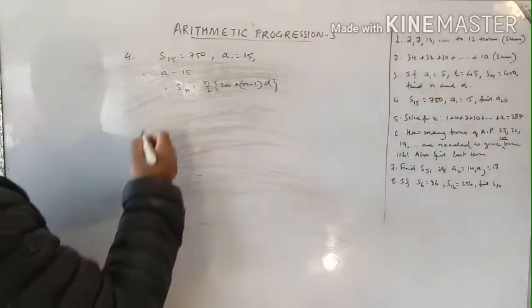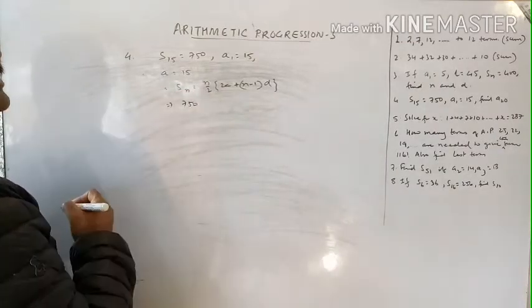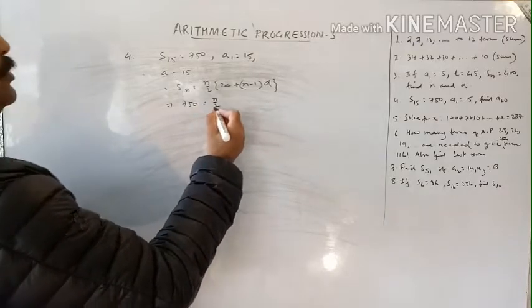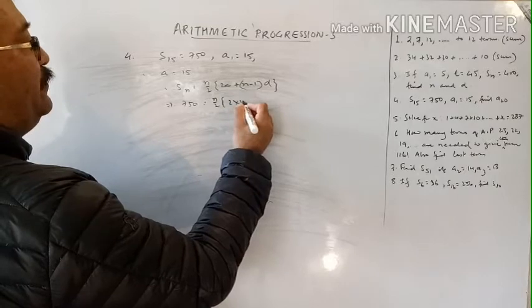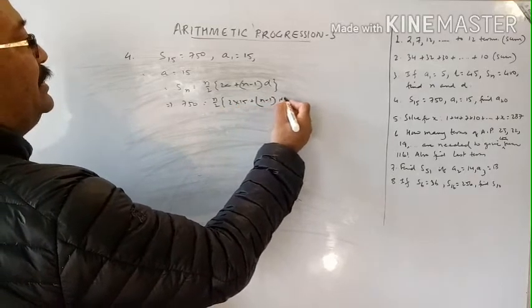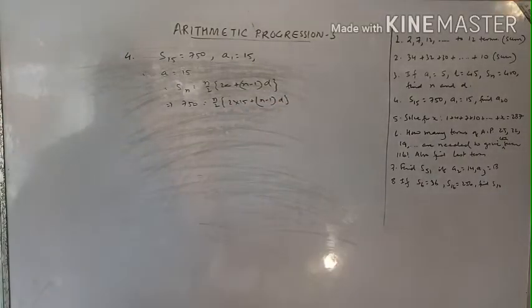So here 750 is the value of Sn equal to n by 2 into 2 into 15 plus n minus 1 into d. This is what is given. So we are given the sum of 15 terms is 750, a is 15, and we have to find the 20th term.